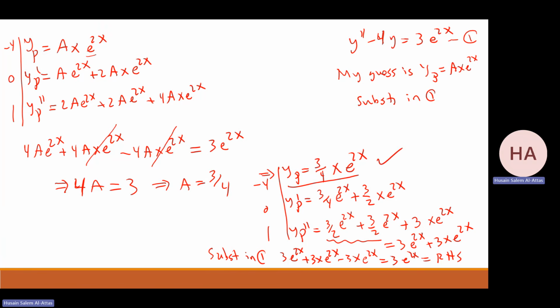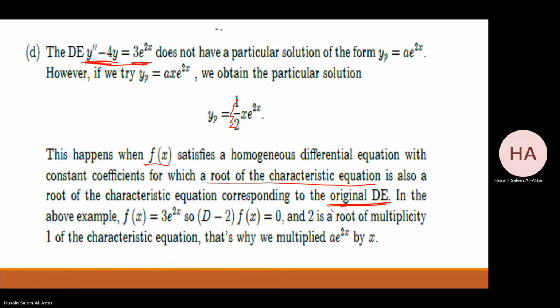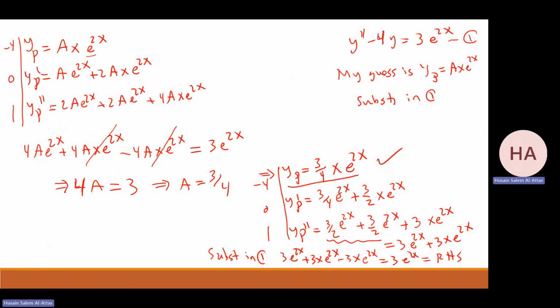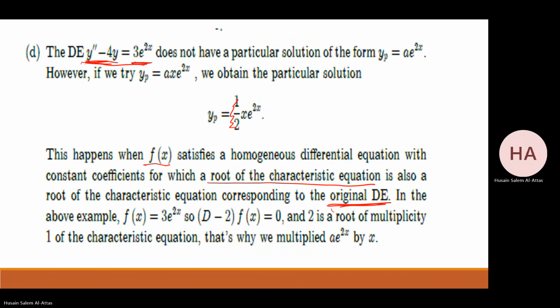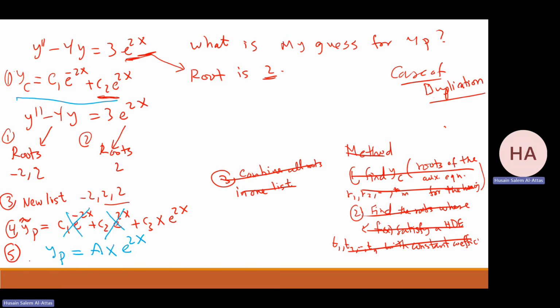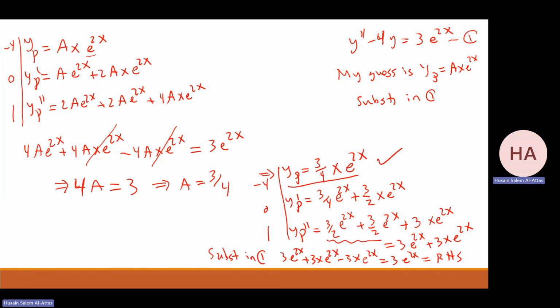Actually, there is a mistake here: this is 3/4, I'm doing it with e to x. Yeah, that should be 3/4. Okay, no problem. The idea should be clear. So this is my A. So yp will be 3/4 x e to x, and my general solution is y equals yc plus yp.